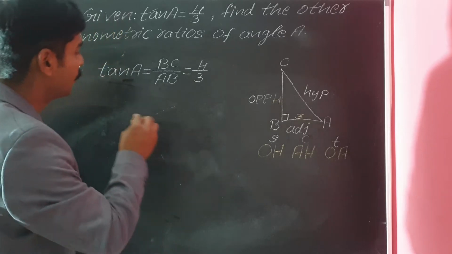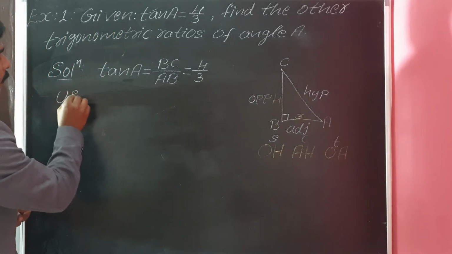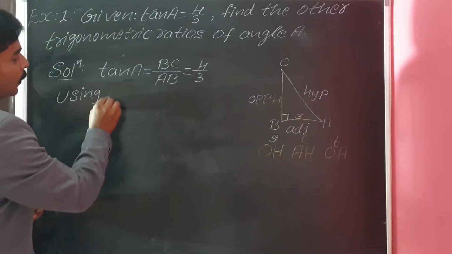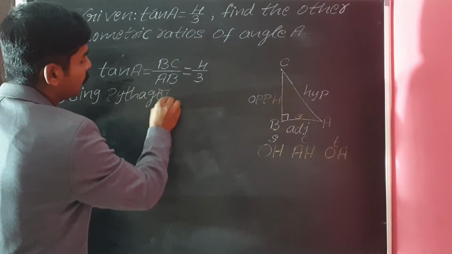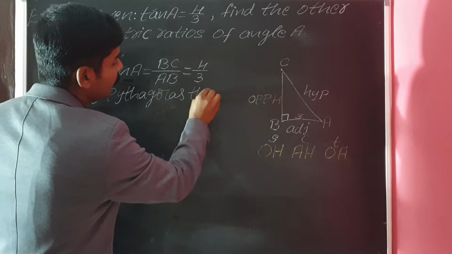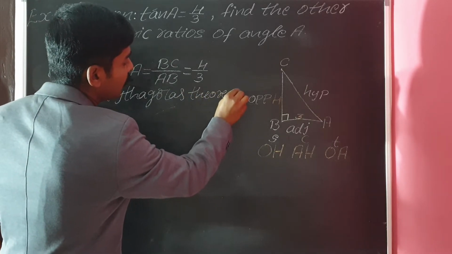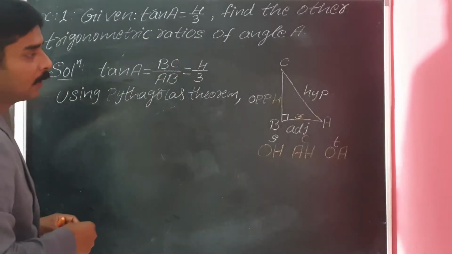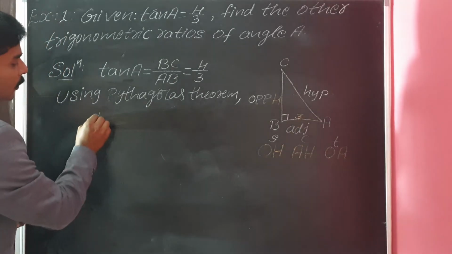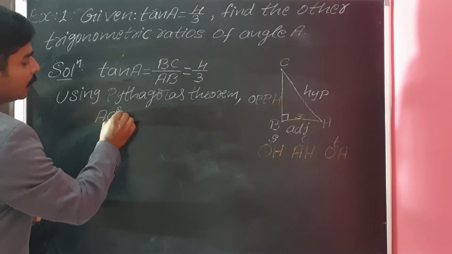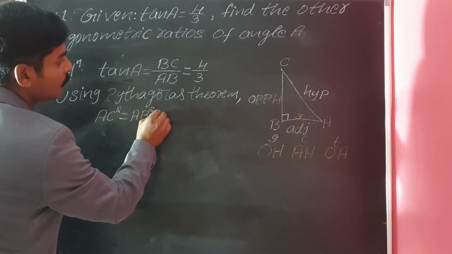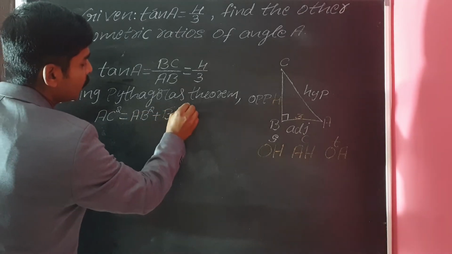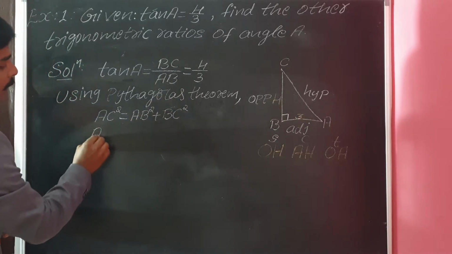Okay, so let us use Pythagoras theorem. If you apply Pythagoras theorem to this right angle triangle ABC, AC square is equal to the sum of the squares of the other two sides, AB square plus BC square. So let us substitute.